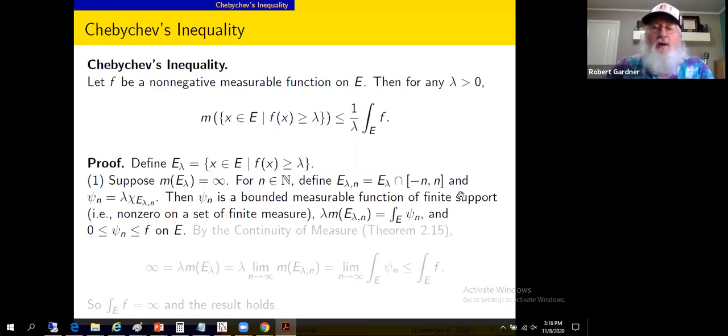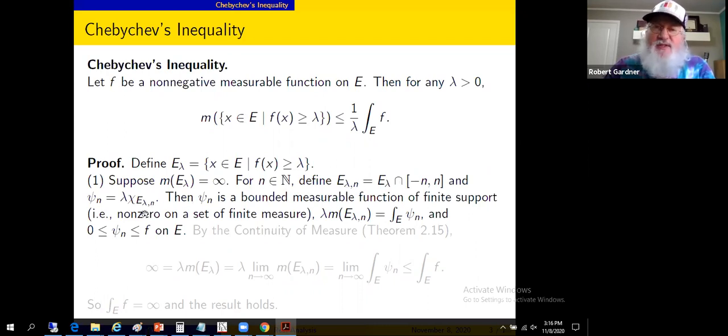Okay, so E sub lambda comma n is a subset of this interval, so it's going to have finite measure. And we're going to define psi sub n to be lambda times the characteristic function on that E sub lambda comma n. So we're taking the value lambda and a characteristic function on this set of finite measure.